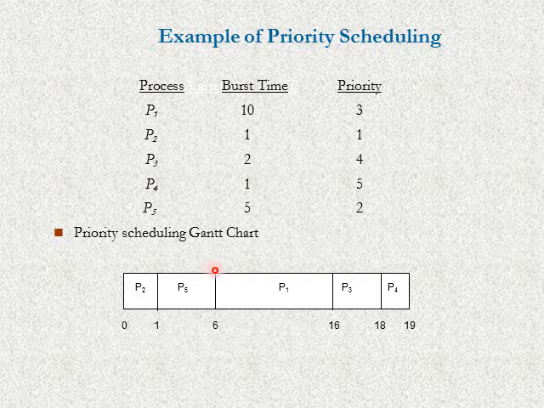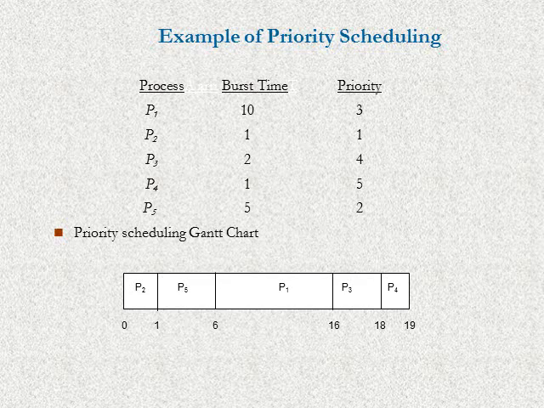Then once it completes its execution, the highest priority is associated with P1, then P3, and then P4. And this is how you will develop the Gantt chart for this problem.